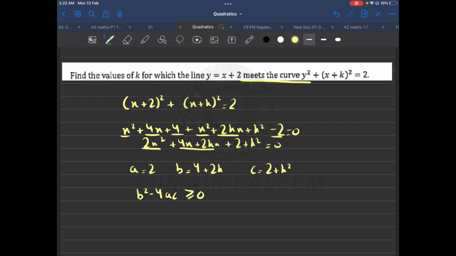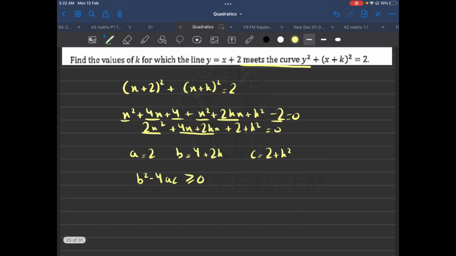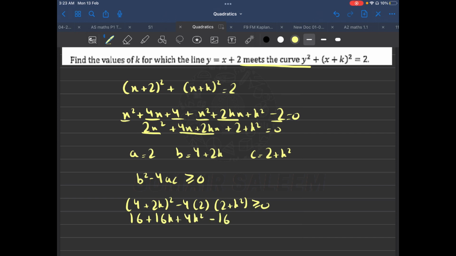Because I'm not sure whether it's one solution or two. In that case, I'll write (4 plus 2k) whole squared minus 4 into (2 plus k squared). So 16 plus 16k plus 4k squared minus 16 minus 8k squared. Got this?